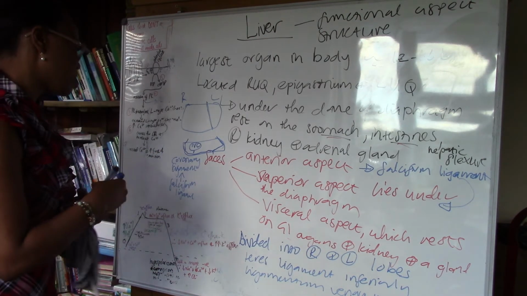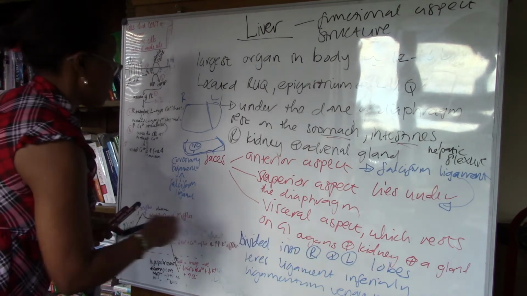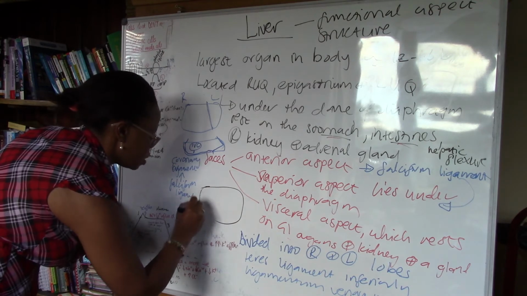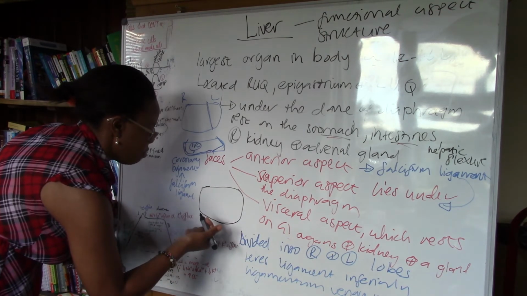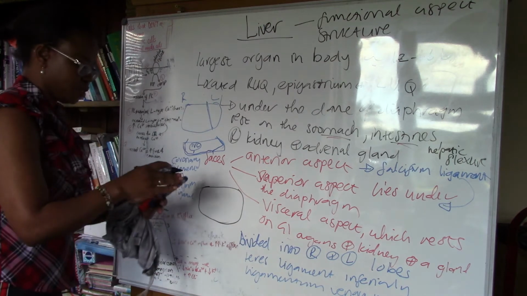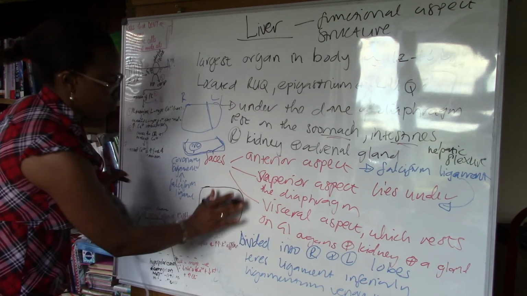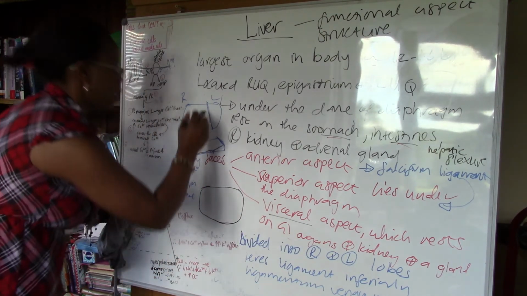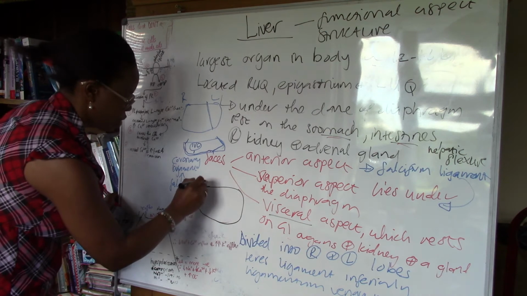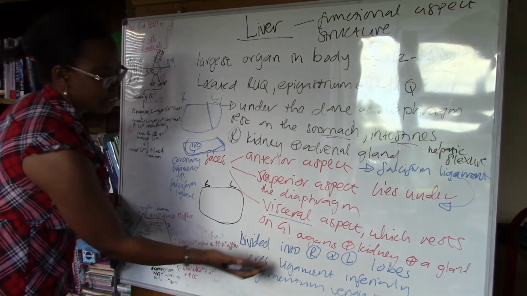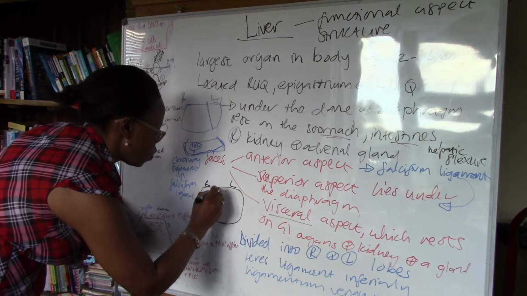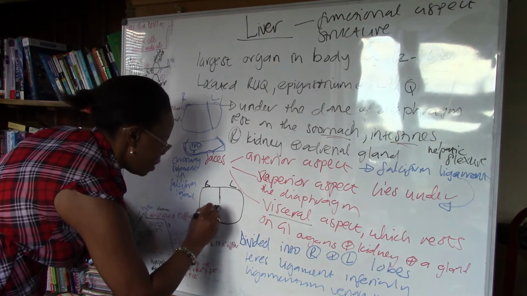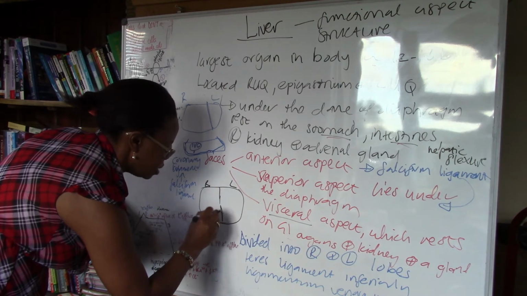And then posteriorly, or really, on the visceral aspect, if we again imagine that this was the liver, and we've just flipped it over and we're looking on the visceral aspect, we'll find that the divisions of the right and left are maintained by the ligaments, which superiorly will have the ligamentum venosum, and then inferiorly will have the teres ligament.